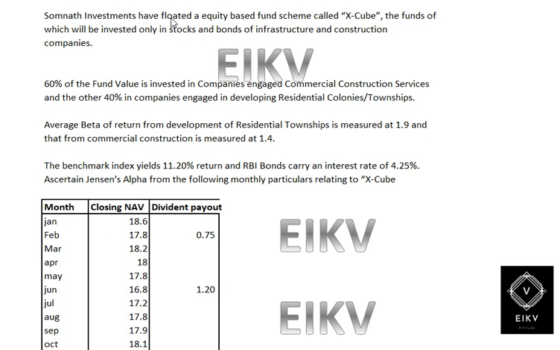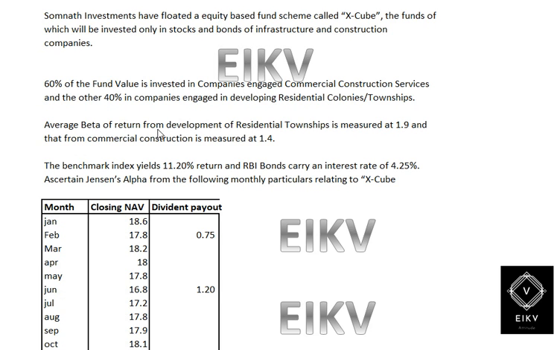So in this illustration, Somanath Limited has floated an equity-based fund scheme called XCube, the fund of which will be invested only in stocks and bonds of infrastructure and construction companies. 60% of the fund value is invested in companies engaged in commercial construction services, and the other 40% in companies engaged in developing colonies and townships.